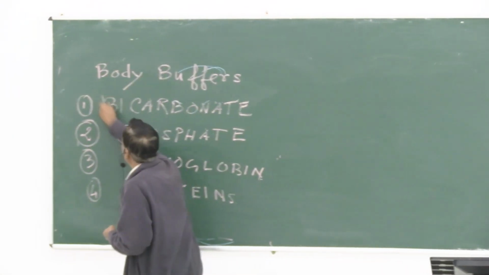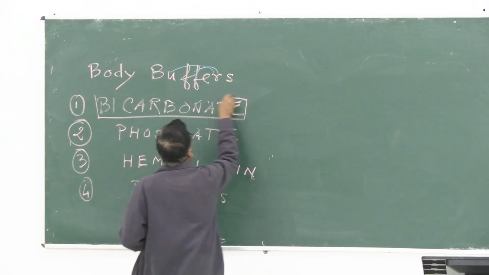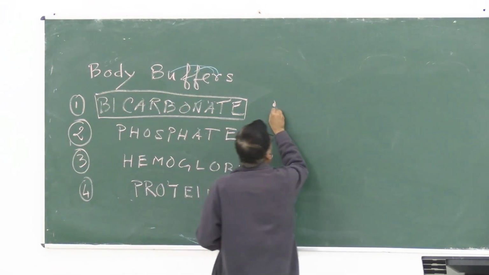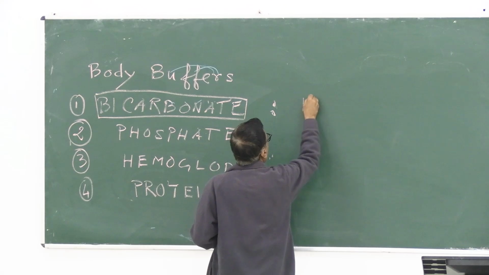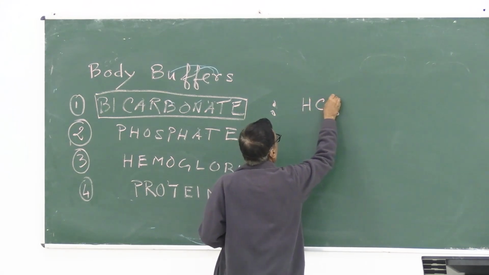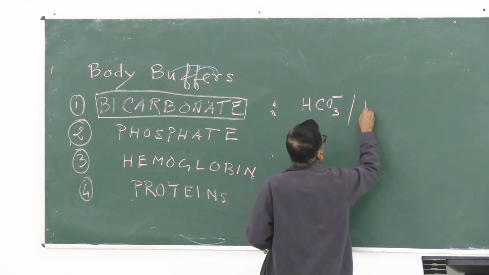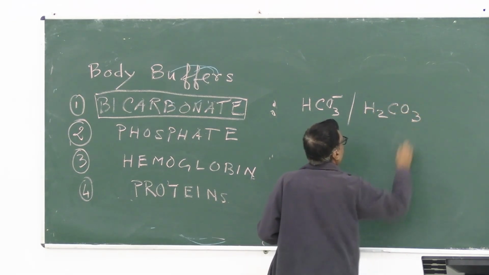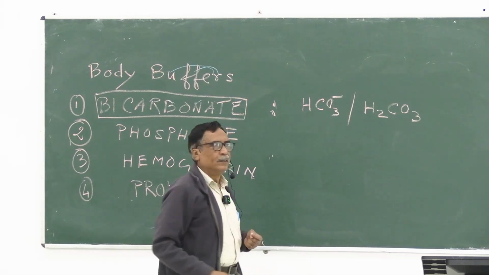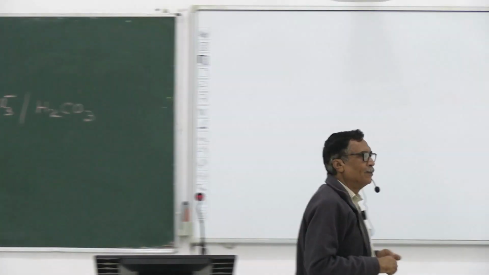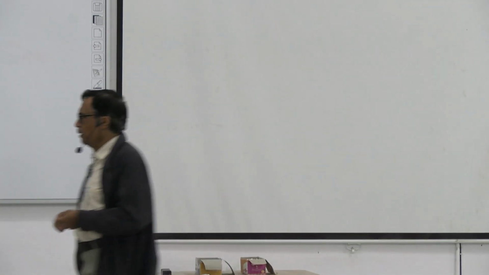And the most important I have mentioned is the bicarbonate buffer. What is the component of the bicarbonate buffer? Bicarbonate buffer is present mainly in the extracellular fluid. So, it is the chief extracellular buffer.